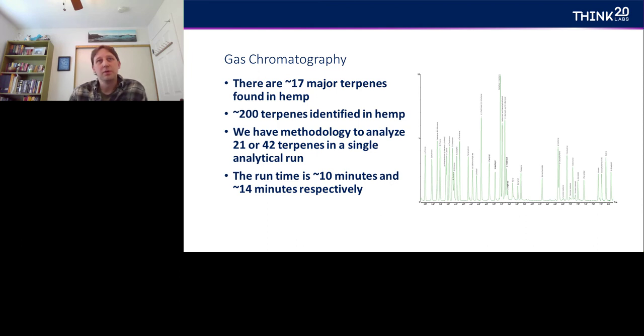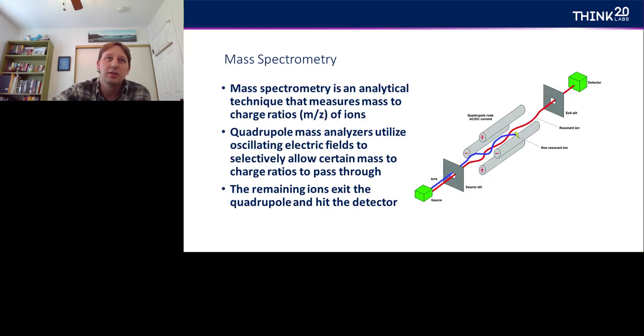So once these samples come off one by one, we're able to collect spectral data using our mass spectrometer. So mass spectrometry is a technique that allows us to measure the charge ratios, or mass to charge, of individual ions. So once these are separated and they move into the mass spectrometer, they come in contact with what's called a source.